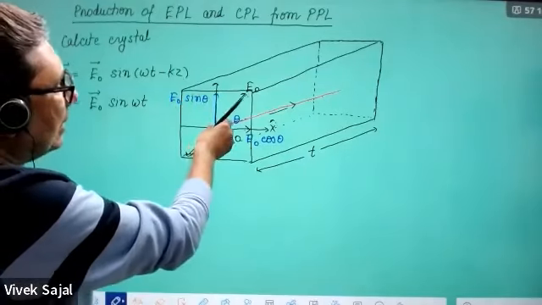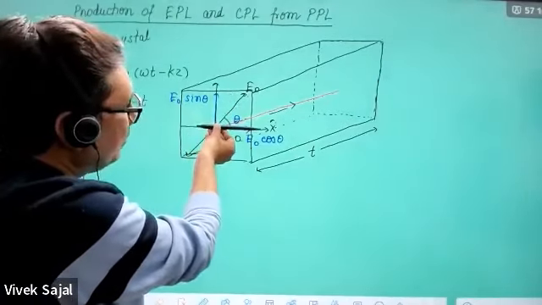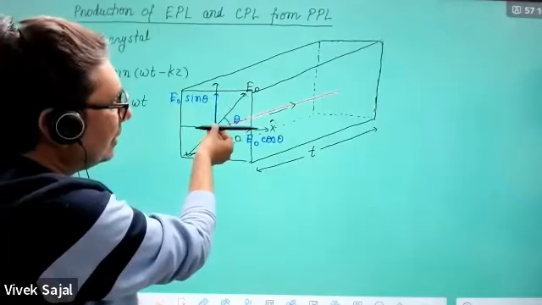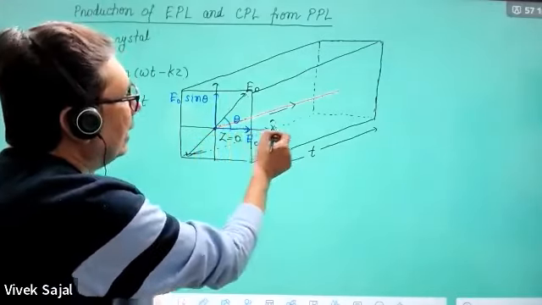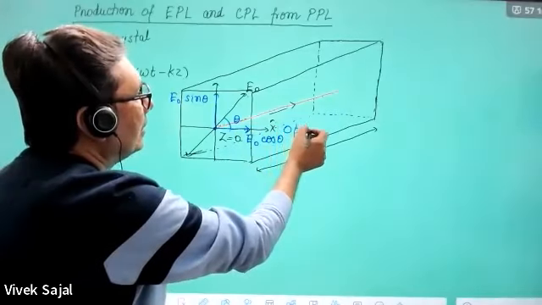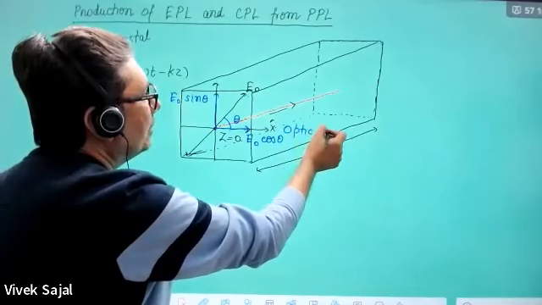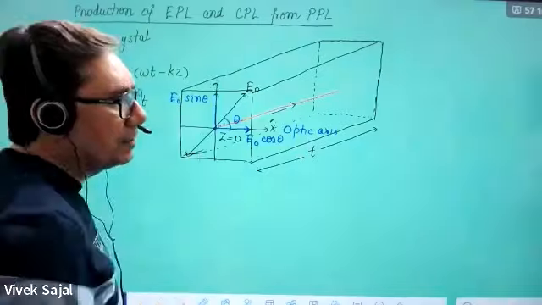So this incident electric vector of the incident plane polarized light, you can resolve into two components, one parallel to the x-axis. The x-axis is the direction of the optic axis, and the other axis is perpendicular to the optic axis.